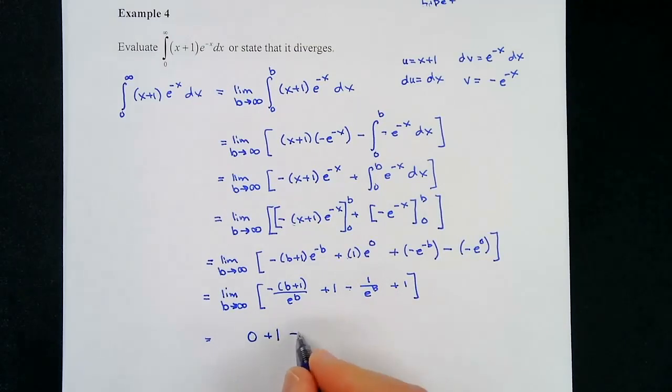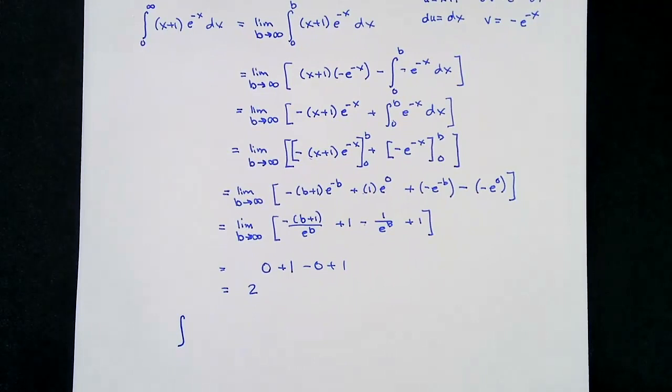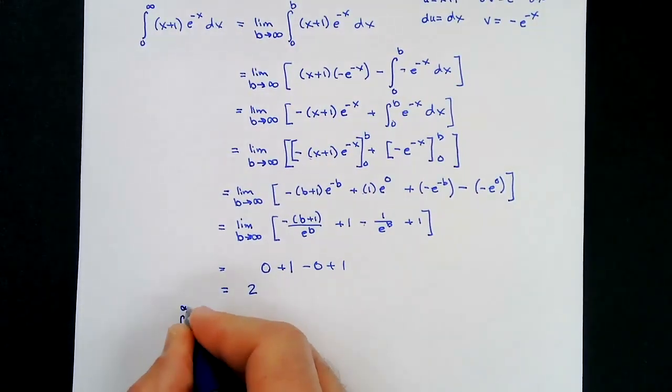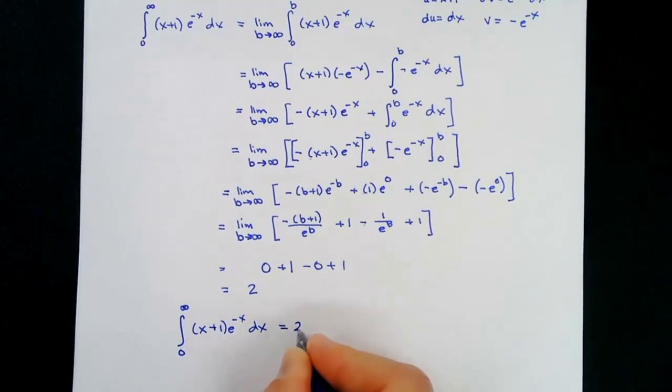So minus 0 and then plus 1. So 0 plus 1 minus 0 plus 1. Well, that'd be 1 plus 1, so it'd be 2. And that's what the answer is to this. That means this converges. So the integral from 0 to infinity of x plus 1 e to the negative x dx is simply equal to 2.